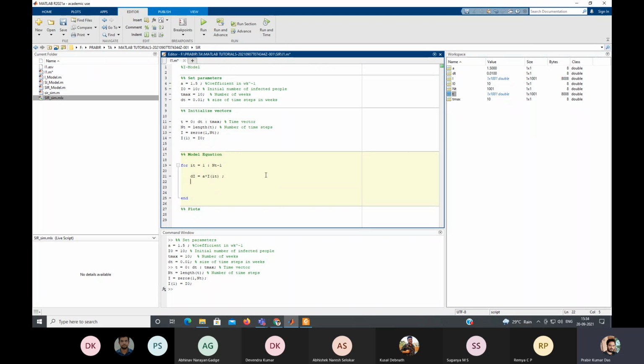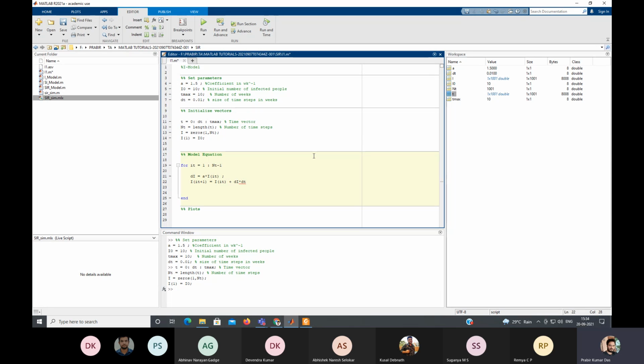Now what should be the next value of I? It is I(it+1). How do we calculate this I(it+1)? Using our derivative rule. I(it+1) is equal to, first, the previous value, that is I(it). Then we increase our value at a rate of di times dt.